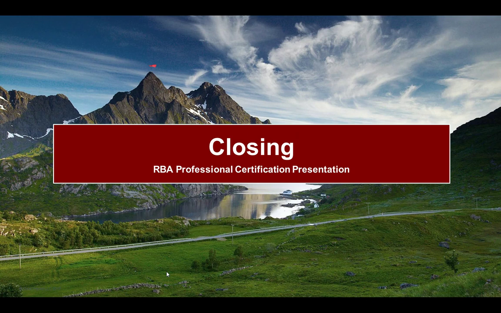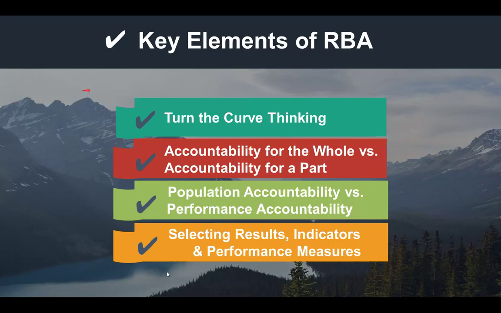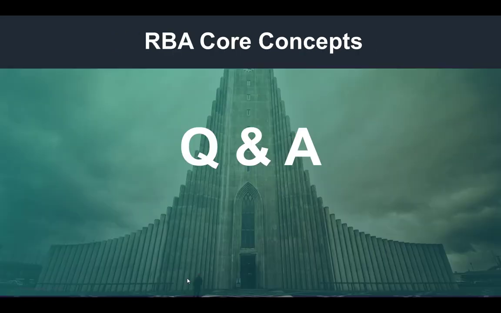So to summarize today's discussion, the key elements of RBA are turn-the-curve thinking, accountability for the whole versus the accountability for a part, population accountability versus performance accountability, and selecting results, indicators, and performance measures. And don't forget the importance of using language discipline to use the correct terms consistently.